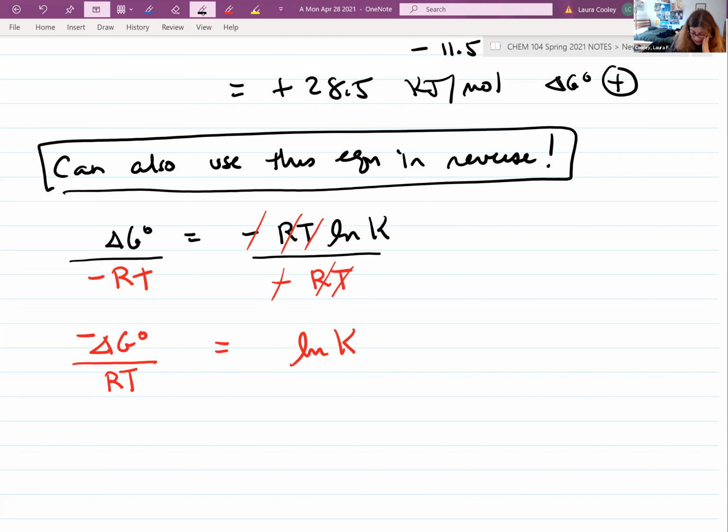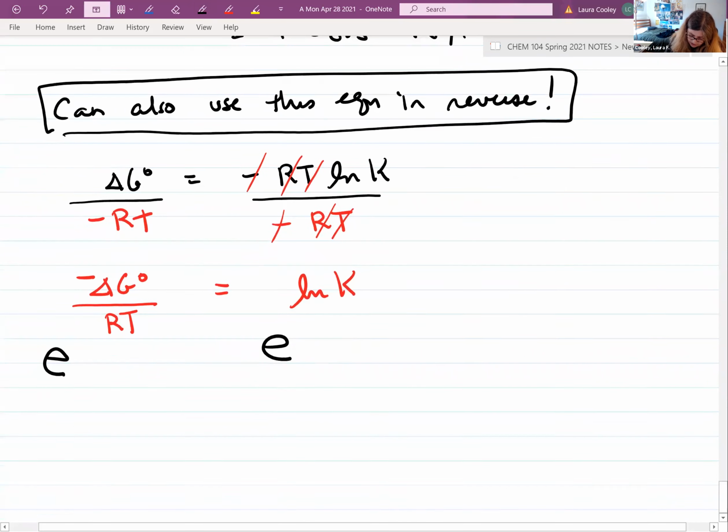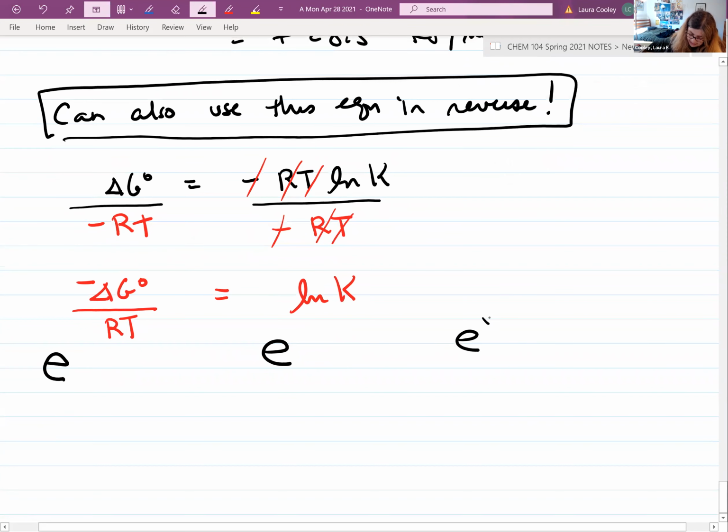So what's going to happen here? How am I going to solve for K? Raise E to it, basically. Okay. So we're going to take E to both sides, which is the same as doing the inverse log. So E to the X is inverse natural log.